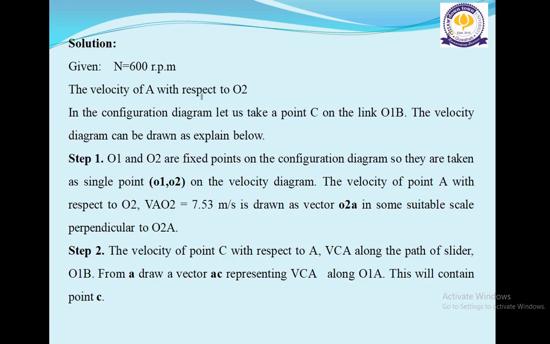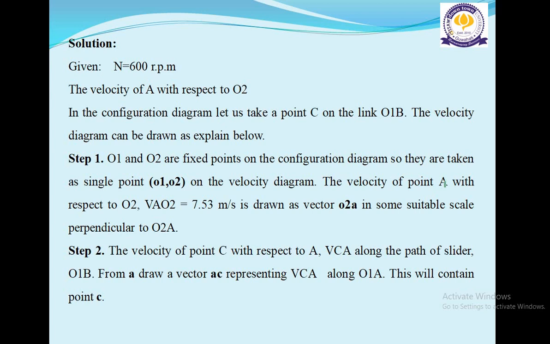Solution: you can see N is given as 600 rpm. The velocity of A with respect to O2 is in the configuration diagram. Let us take a point C on the link O1B. The velocity diagram can be drawn as explained below. Step 1: O1 and O2 are fixed points, as we have already seen in the configuration diagram, so they are taken as a single point O1, O2 on the velocity diagram.